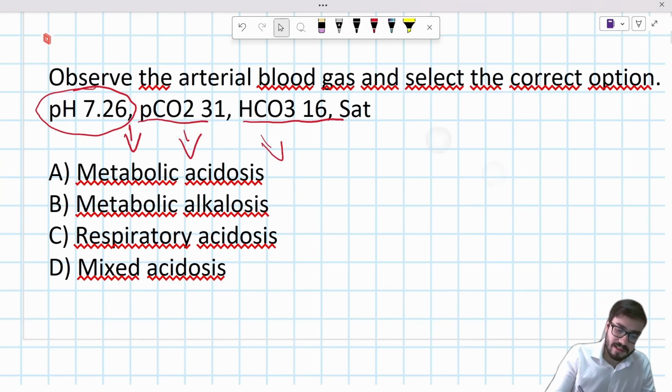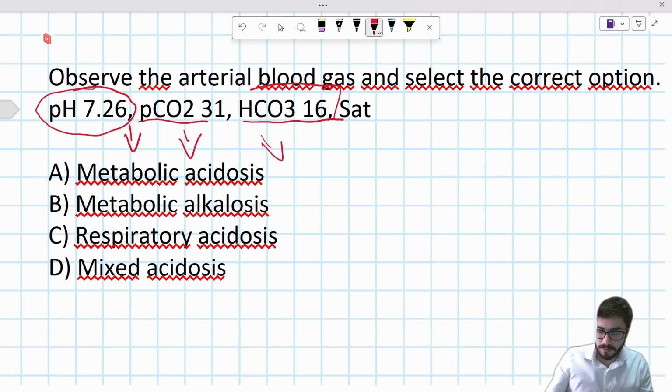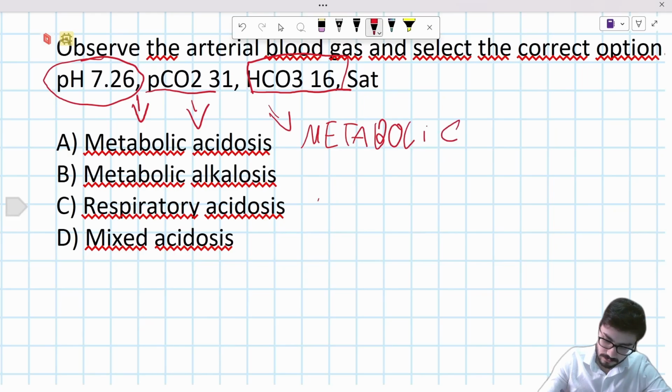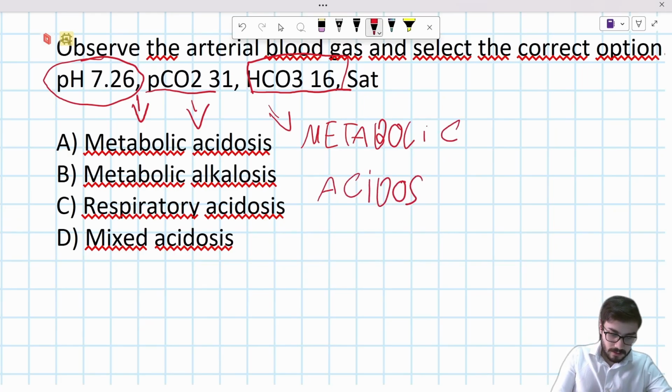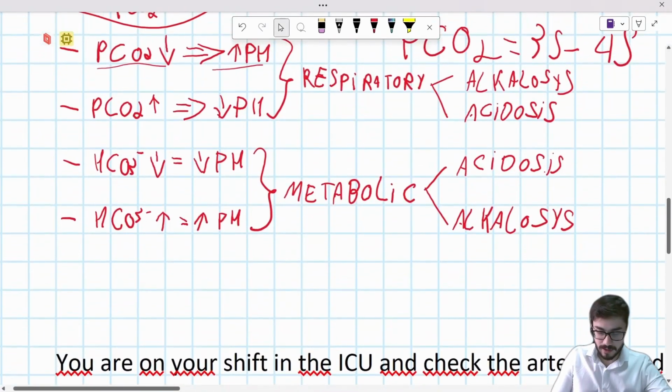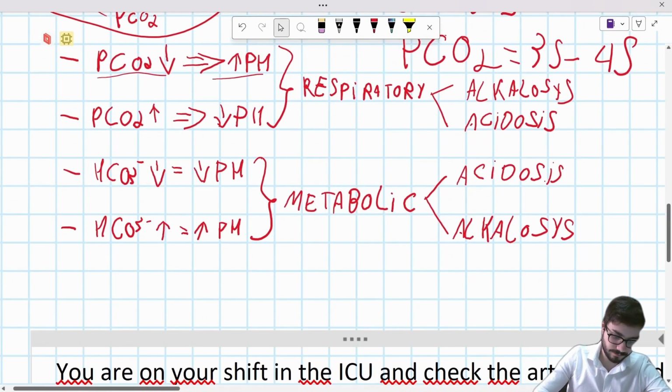But if we have a lower bicarb, we can already say that this is a metabolic acidosis. If you remember here, lower bicarb, lower the pH, so metabolic acidosis.